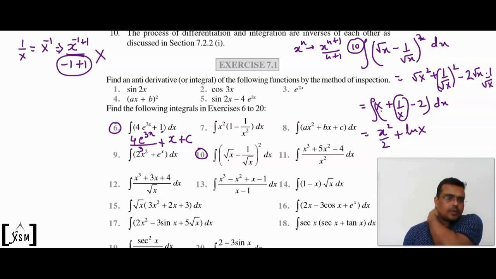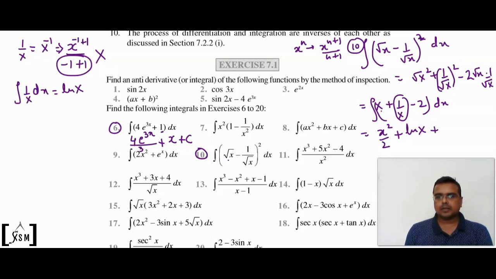Okay. So 1 over x integration is ln x, plus minus 2 integration would be minus 2x, and plus c. So that is my answer for number 10.